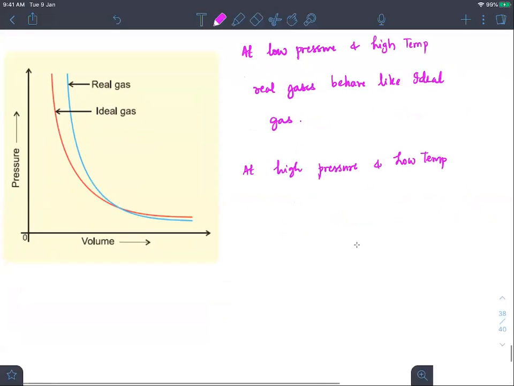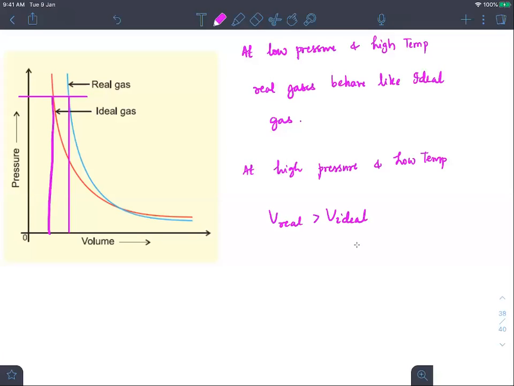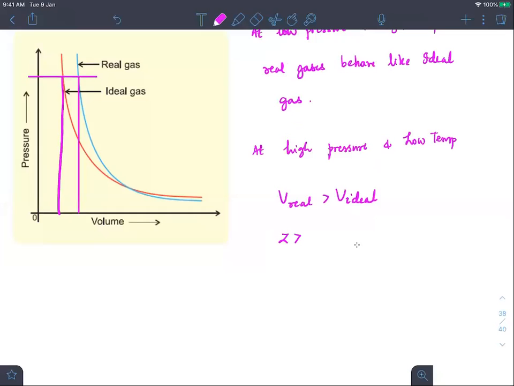Generally, you would see real gas and ideal gas start having a lot of difference in volume. Check the volume carefully. At one particular pressure value, this is the volume of the ideal gas and this is the volume of the real gas. See, real gas volume is greater than ideal gas volume, which means the Z value is greater than 1, which means repulsive forces are dominant.